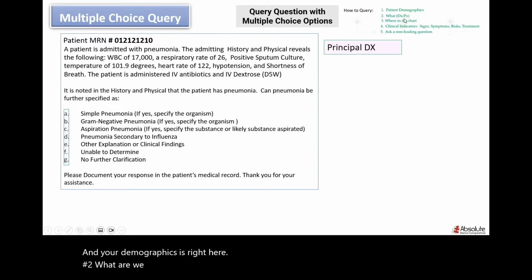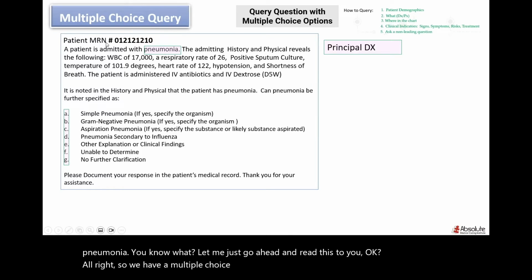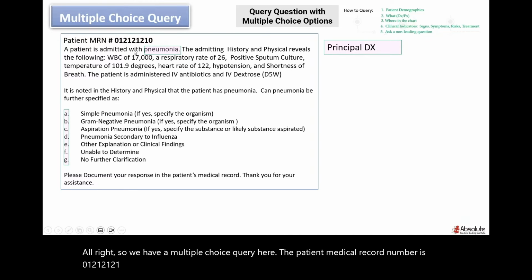I'm going to query the diagnosis. The patient's admitted with pneumonia. Let me just go ahead and read this to you, okay? So we have a multiple choice query here. The patient medical record number is 012121210. This patient is admitted with pneumonia. That is what we are querying.